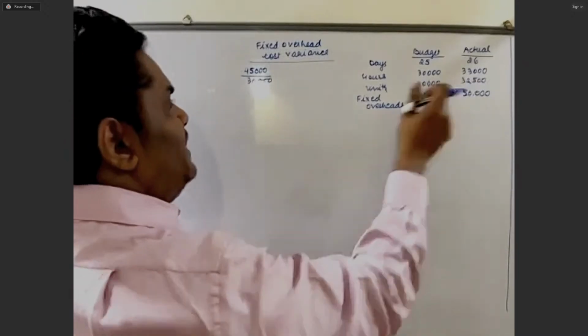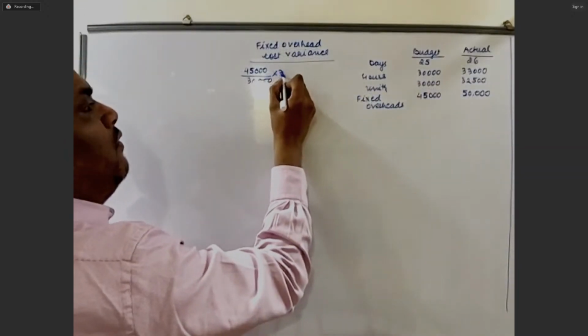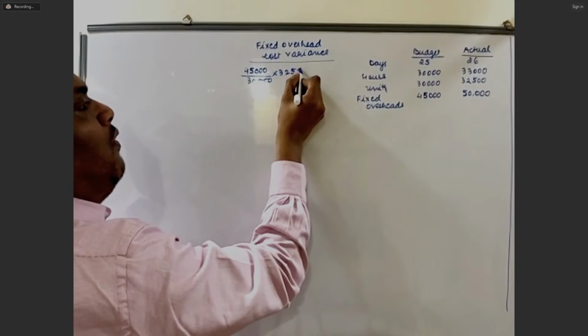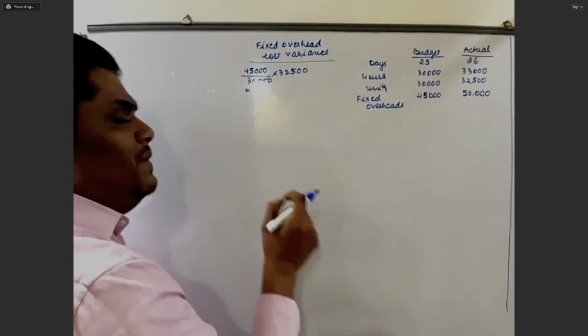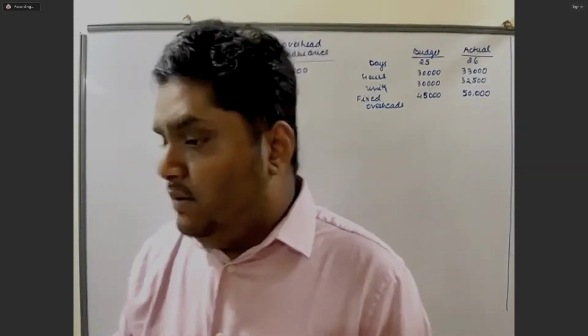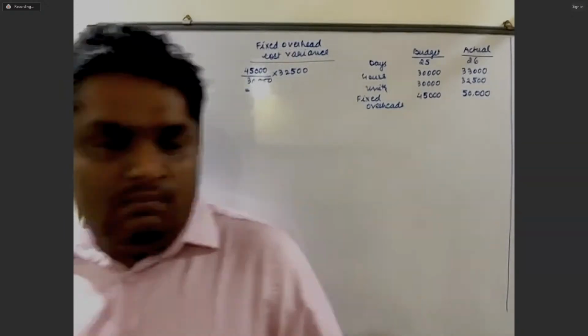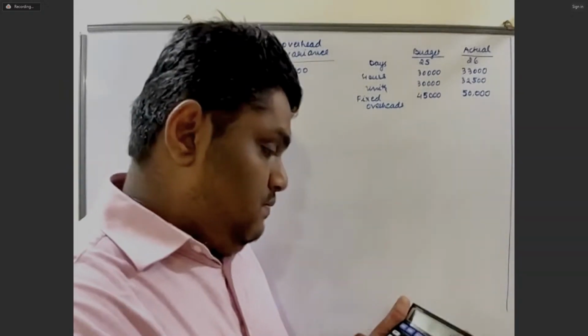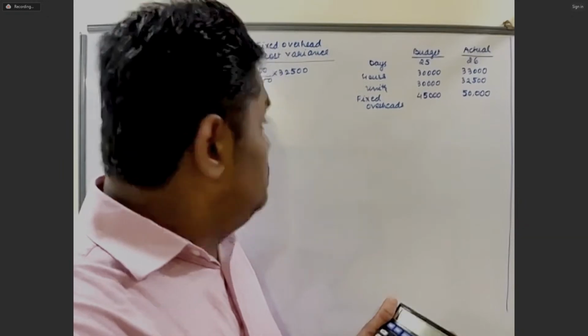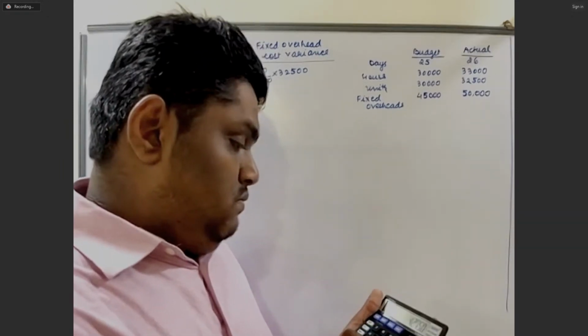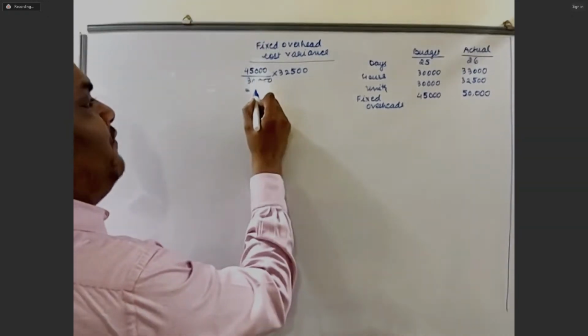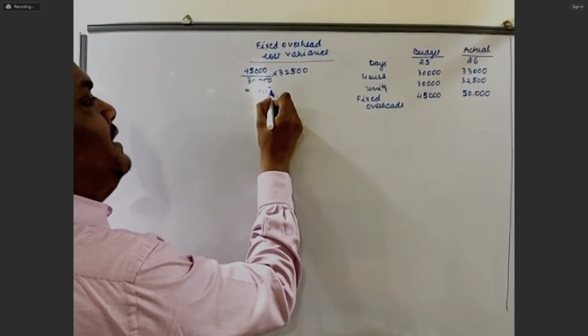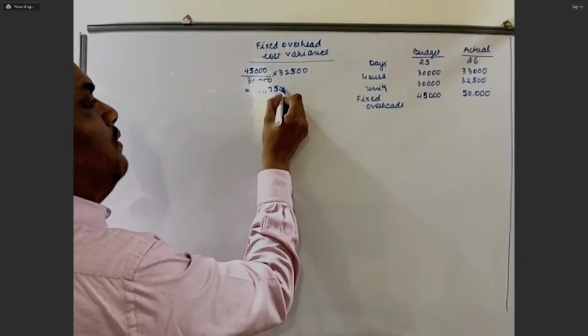Now the actual production is 32,500. So how much will be my absorbed overheads? $48,750. These are my absorbed overheads.